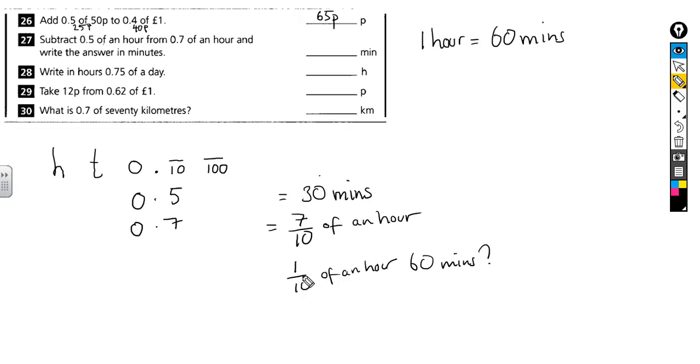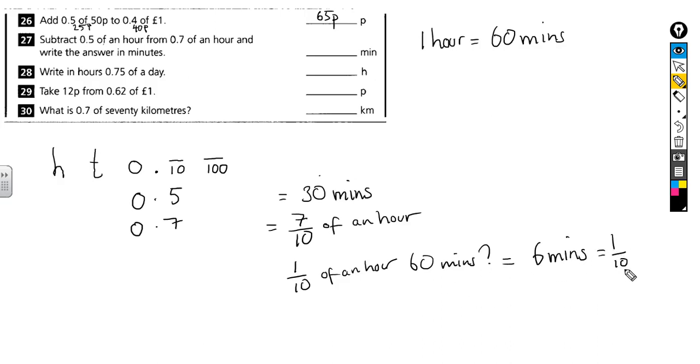Imagine if I divided my 1 hour, which has 60 minutes in it, by 10, that would tell me how much 1/10 is. So 60 divided by 10 is 6. That gives me 6 minutes. All right, so 6 minutes equals 1/10.